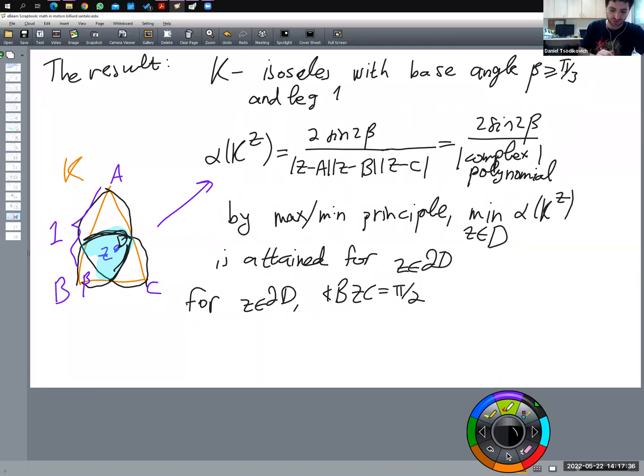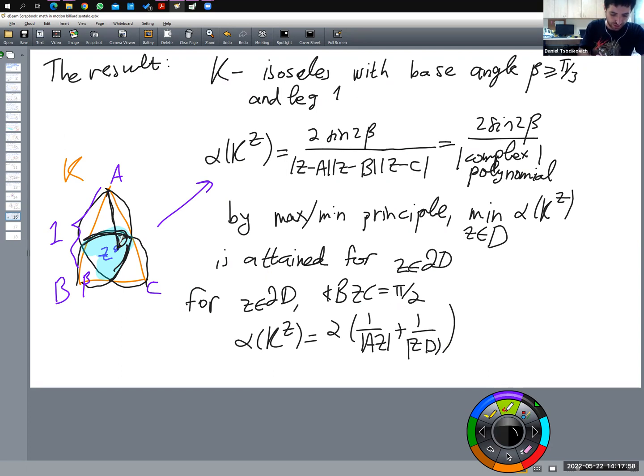So you can rephrase it with different vertices, and it will use the same argument. So if, for example, we are on the upper circle arc, then the angle is pi over 2, and then alpha of kz is 2 times 1 over AZ plus 1 over ZD, but their lengths are fixed.